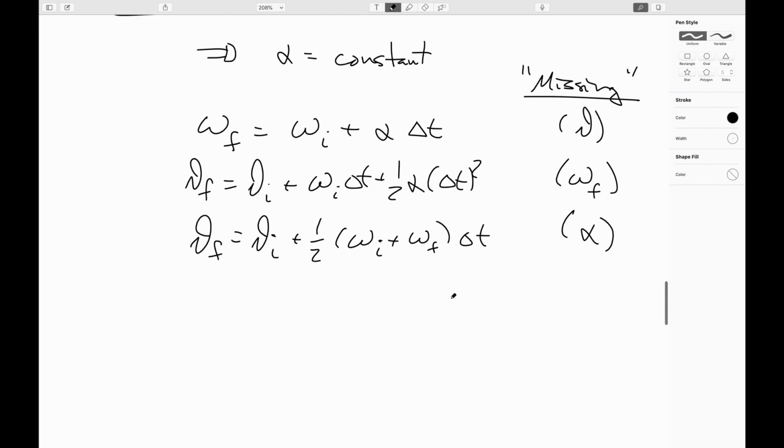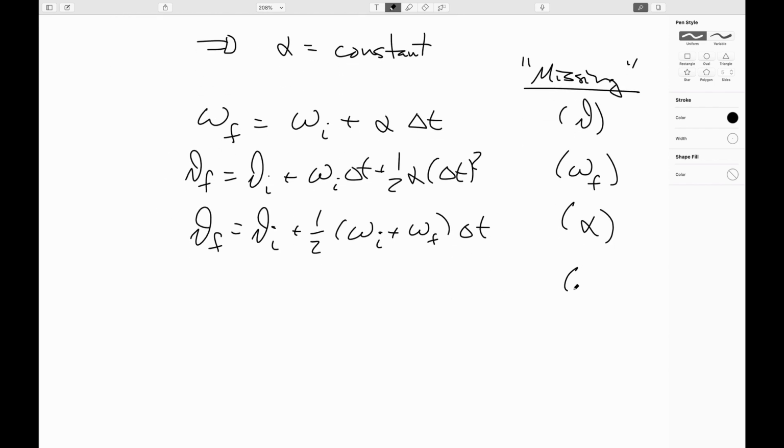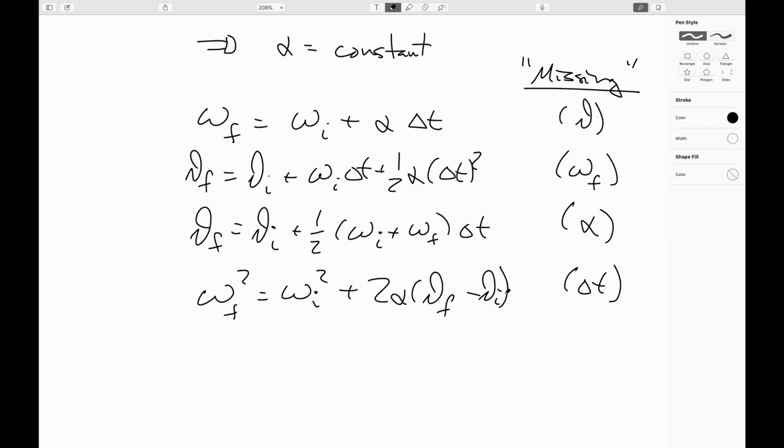And finally, if what's missing is the time, we'll have omega final squared equals omega initial squared plus 2 alpha times theta final minus theta initial. And so to do rotational kinematic problems, you'll do all the same processes that you would do before when they were translational. But now we're talking about rotations instead of translations. But the process is the same.